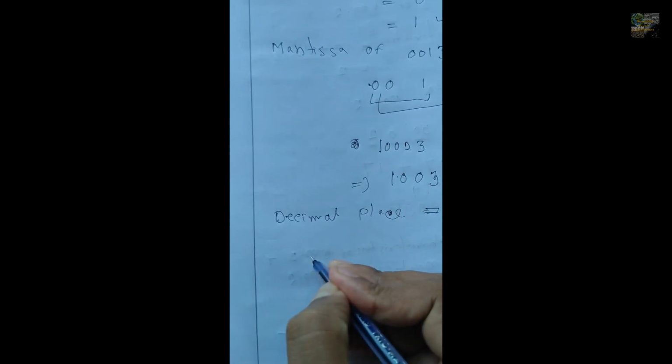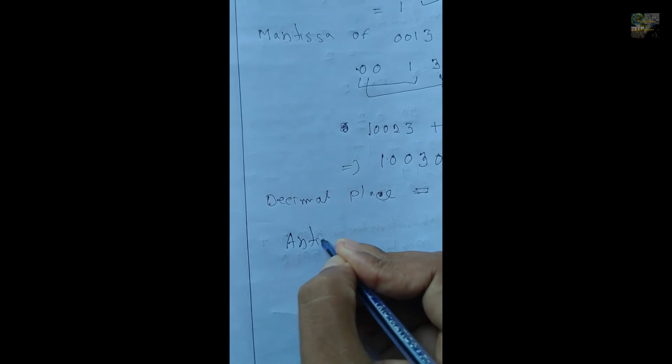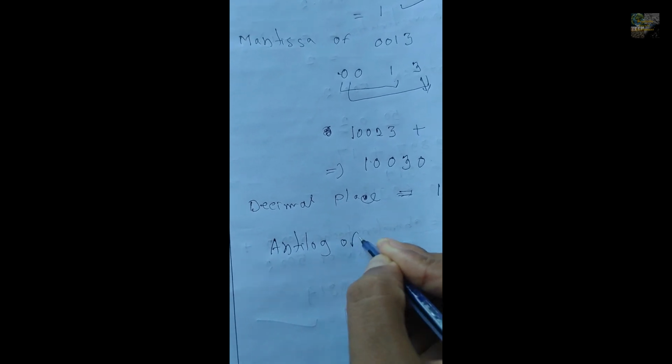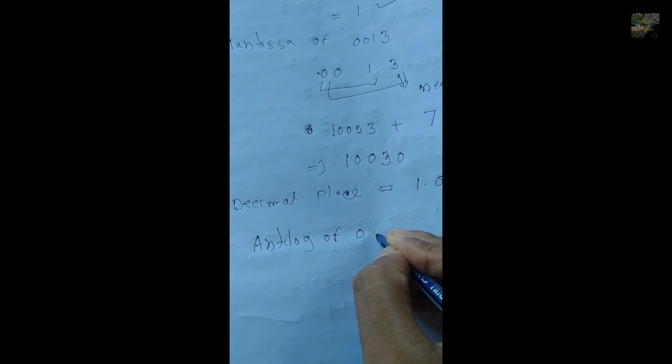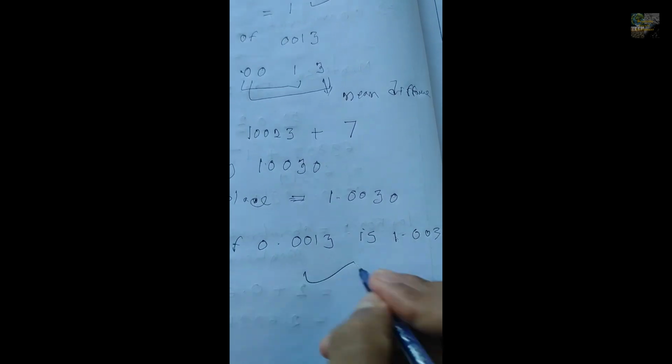So the anti-log of 0.0013 is 1.0030. In this way, you can determine the anti-log value of a particular given number.